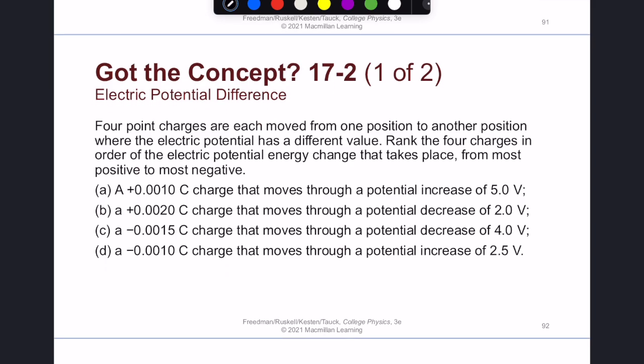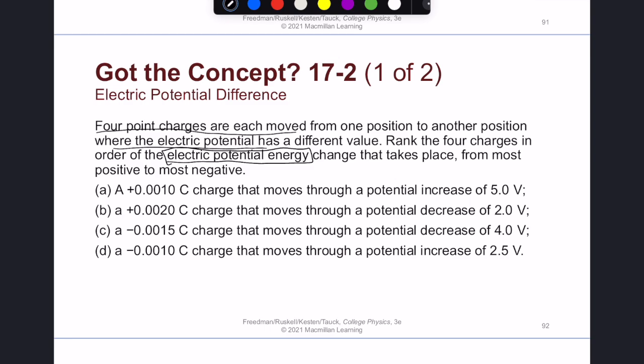And so in this Got the Concept, we are going to be summarizing everything we have learned up until this point. Okay, so read carefully. We have 4 point charges, and they're each moved through a potential difference. Rank the electric potential energy of the charges from most positive to most negative.